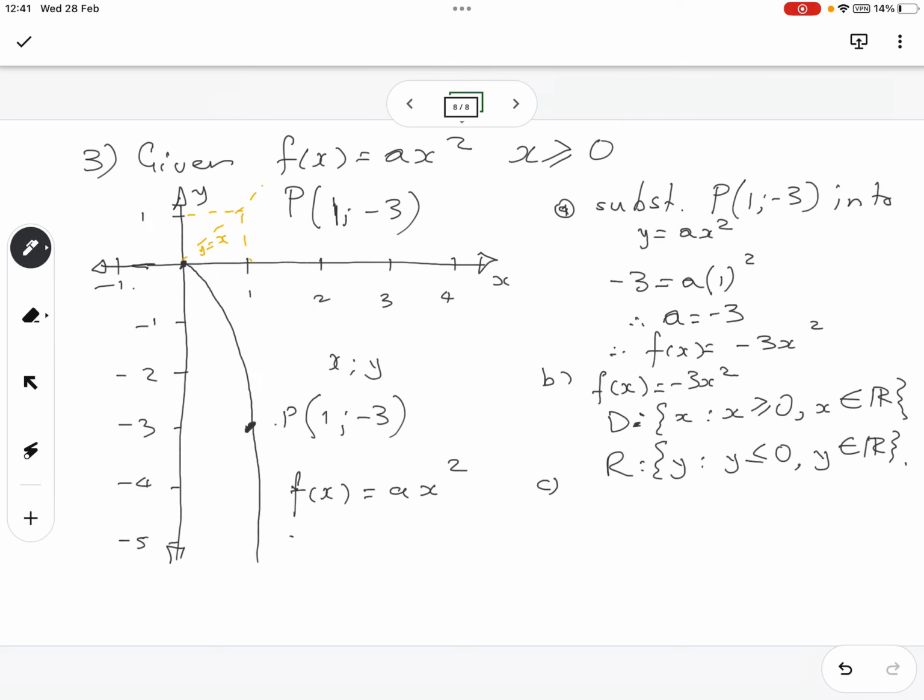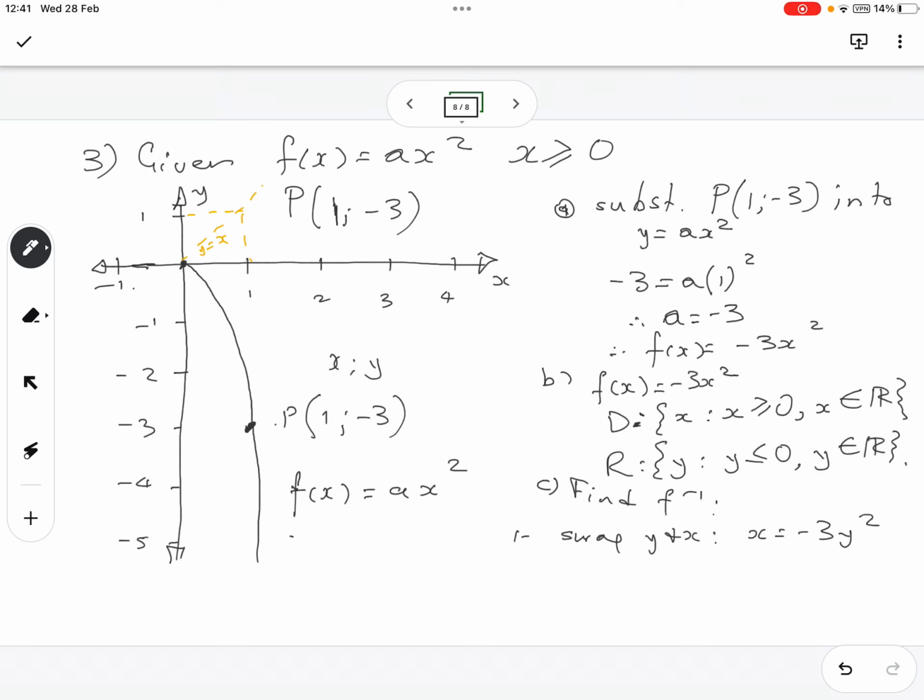So we have our function y equals negative 3x squared. To find the inverse, we must first swap y and x, such that x is equal to negative 3y squared.